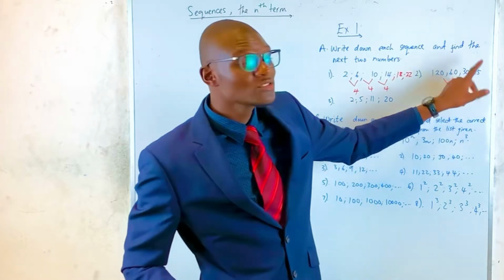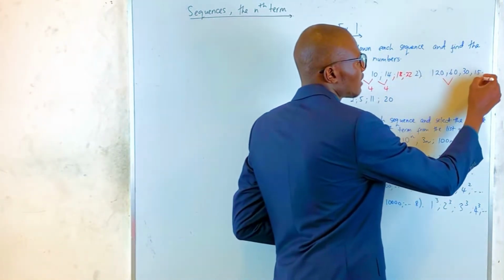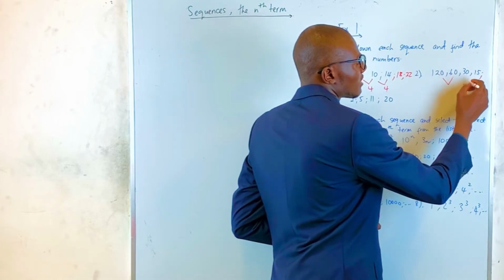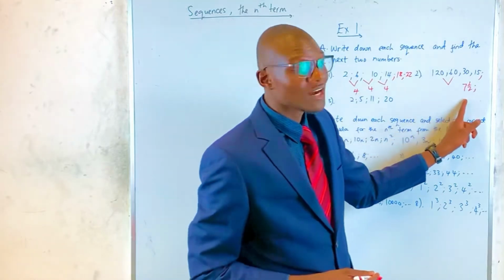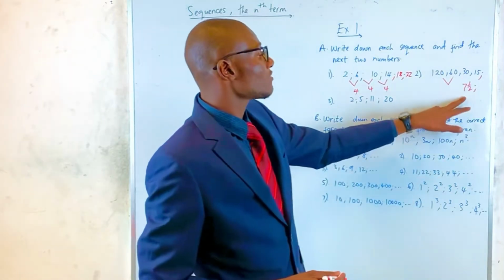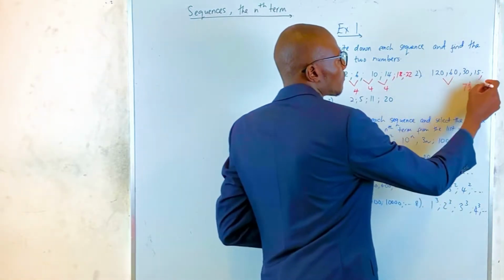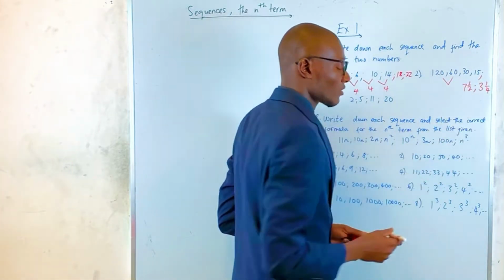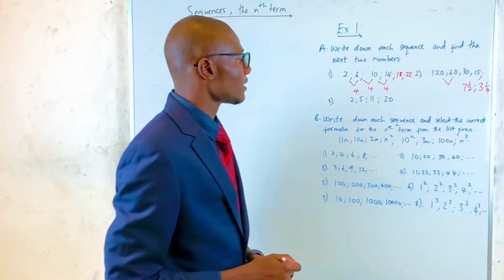So from 15 to the next term, we shall divide 15 by 2, which means the next term would be 7.5. Then from 7.5 to the next term, we shall divide 7.5 by 2, which would be 3.25. So this is how we do that.